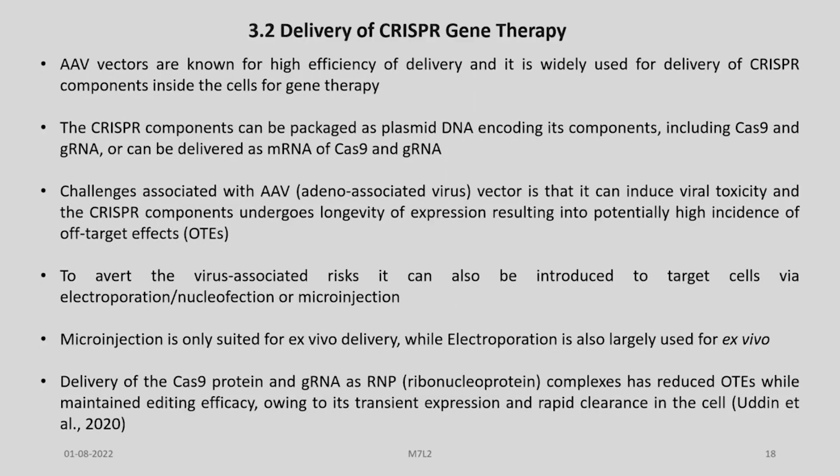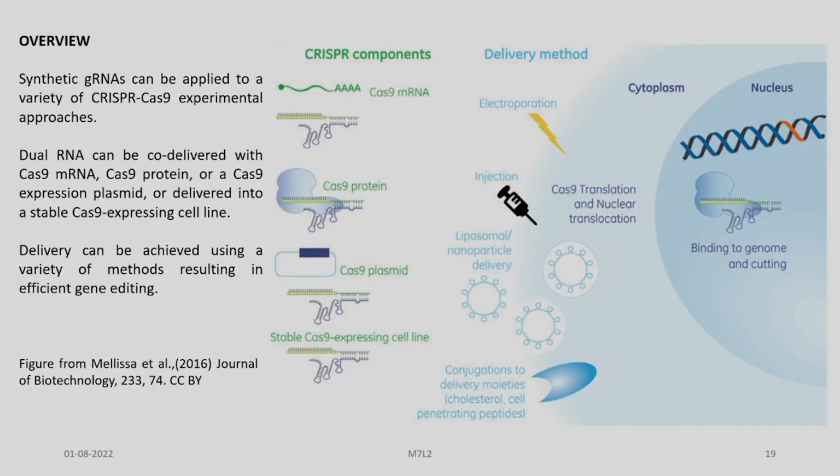The delivery of the Cas9 protein and guide RNA as ribonucleoprotein complexes has reduced off target effects while maintaining editing efficacy owing to its transient expression and rapid clearance in the cell.